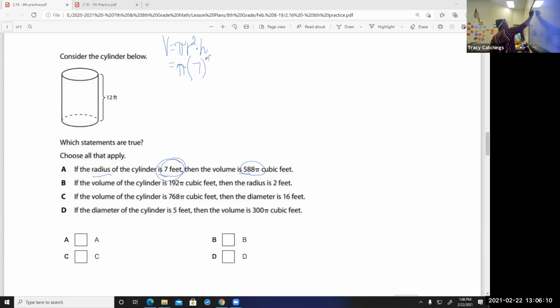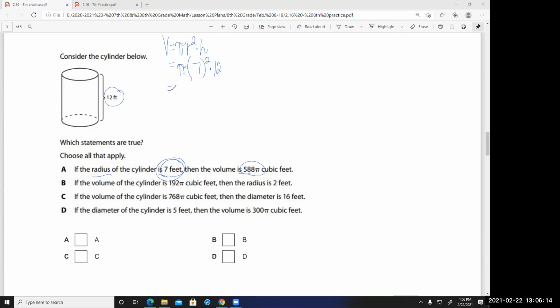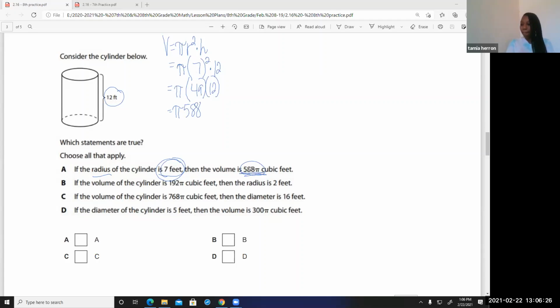They gave us 7, and then the height is 12. What's 7 squared? 49. 49 times 12 is 588. That's the same thing they had. Yes, so A will work.